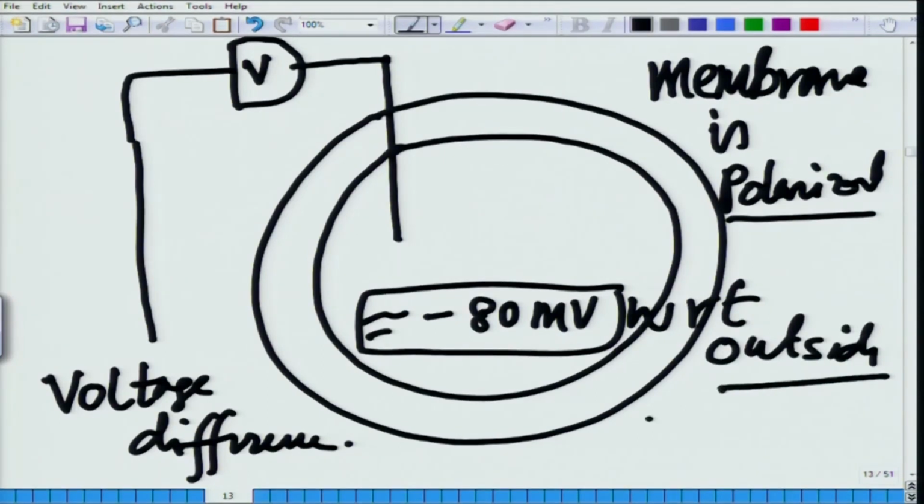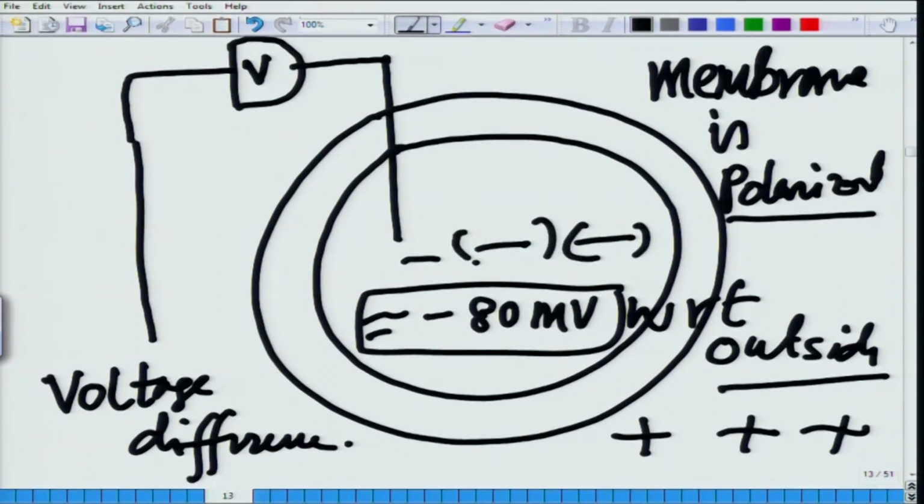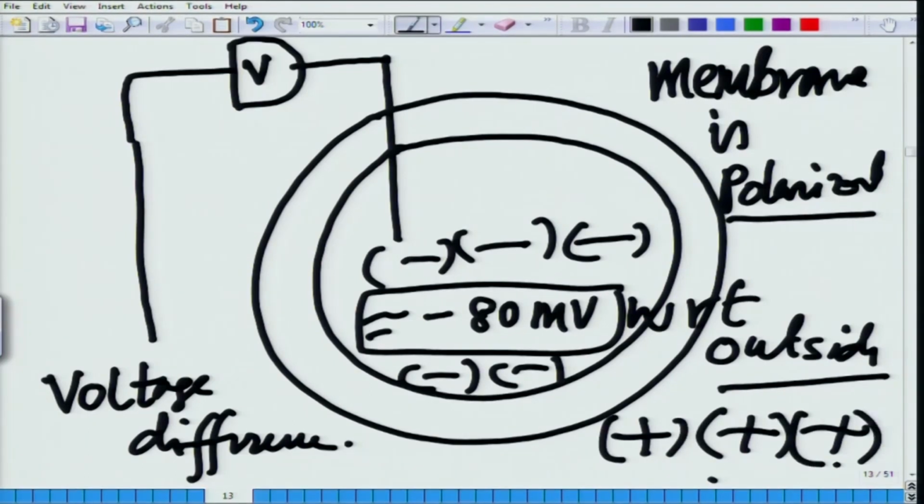In other words, the outside is more positive as compared to the inside. We will go in depth into this when we talk about nerves and muscle. For the time being, just accept this: with respect to the inside, the outside is more positive.